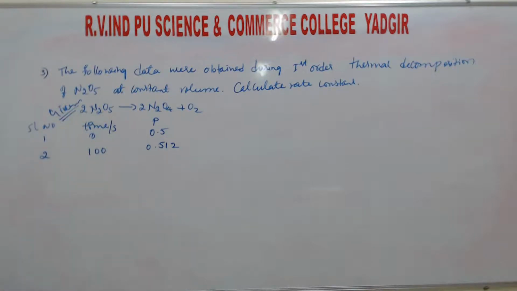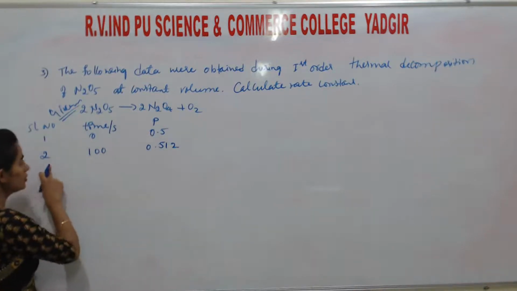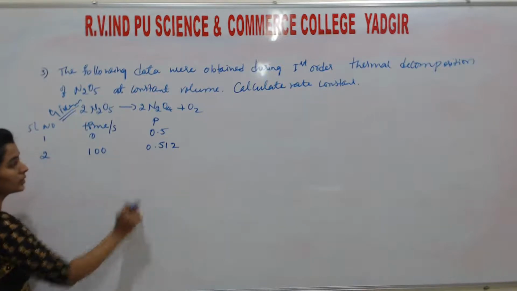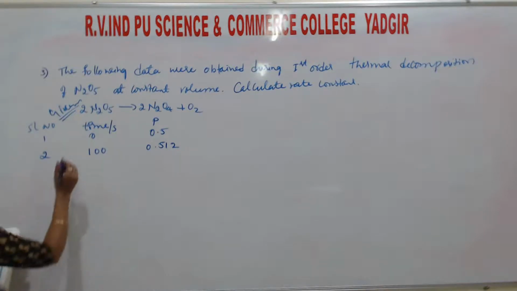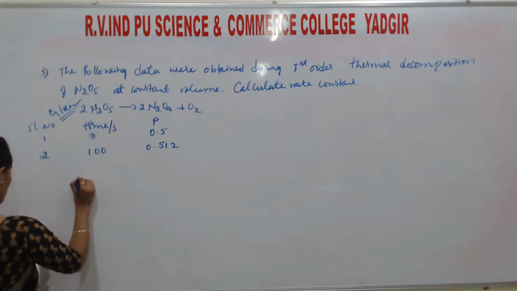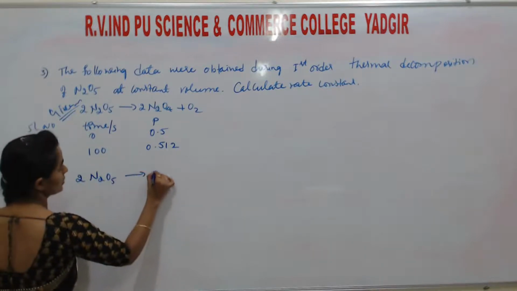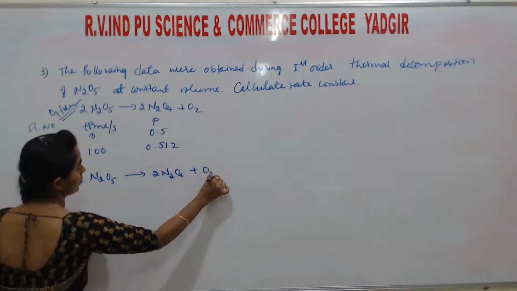Okay. So for a first order reaction, they given certain values: at 0 second, it is 0.5 pressure. At trial number 2, at 100 second, it is 0.512. So students here, first you have to consider this reaction, that is 2N2O5 gives rise to 2N2O4 plus O2.